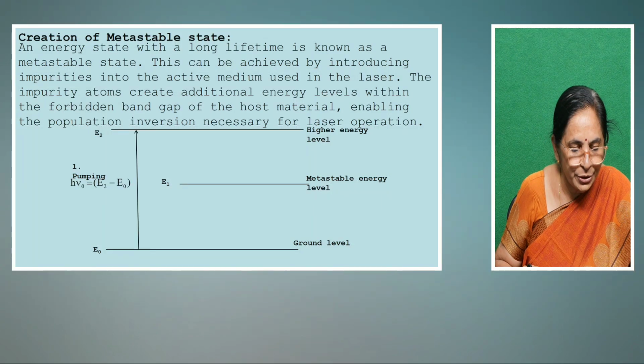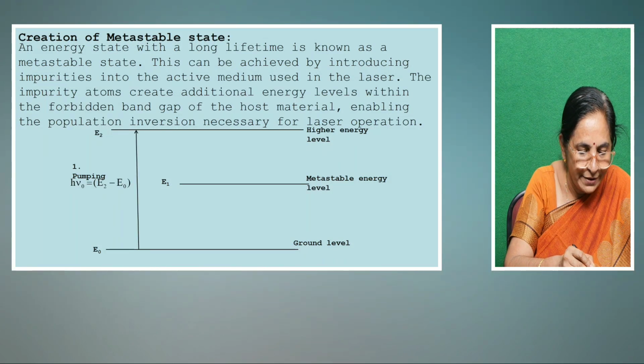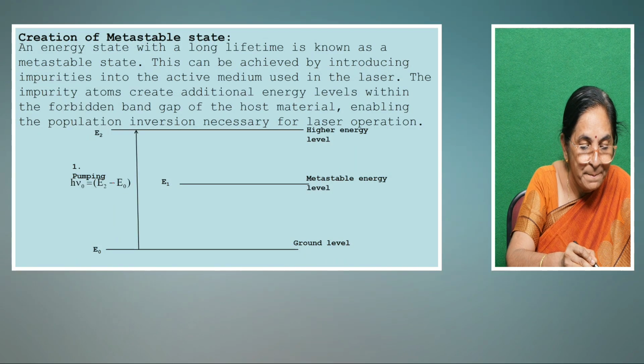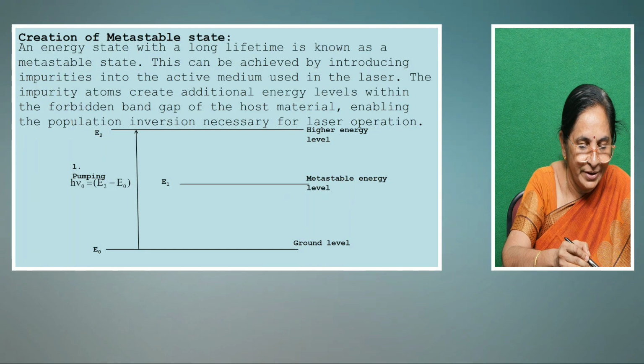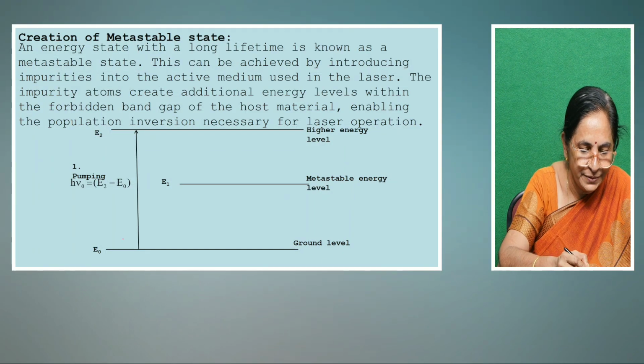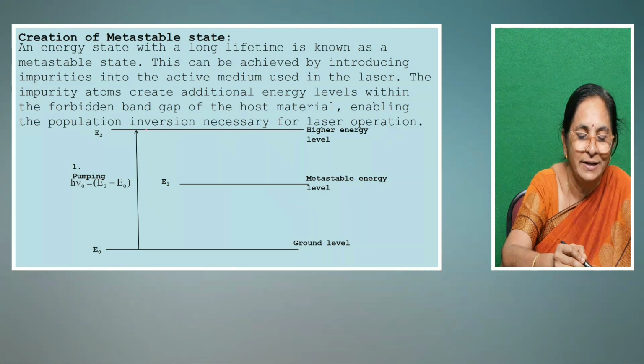So the ground level is E0. By pumping, which could be the optical method or electrical discharge, or the other methods that are also there, for example, by the optical method, you send some photons which interact with the atoms in the ground level and they are transferred to the higher energy level.